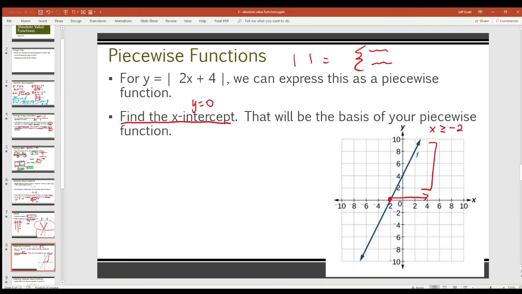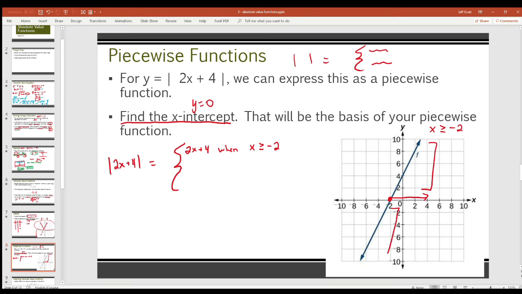So to write this as a piecewise function, we can say the absolute value of 2x plus 4 is going to equal this giant piecewise function here, where it's just going to equal the stuff that was already inside the absolute value. Nothing changes. 2x plus 4 when x is greater than or equal to negative 2, because that part of the graph is staying the same. It was already above the x-axis, so it's not going to be moving anywhere.